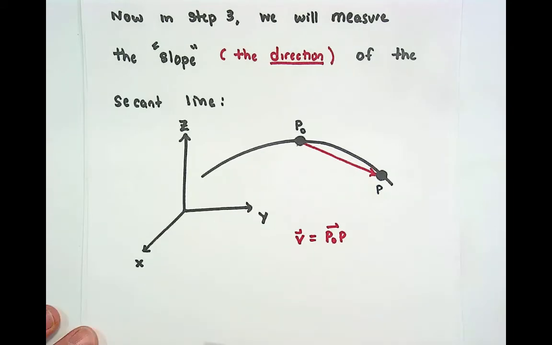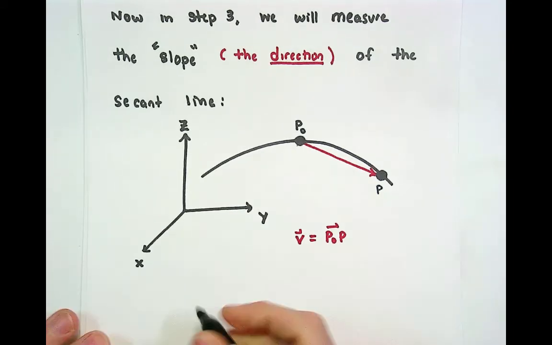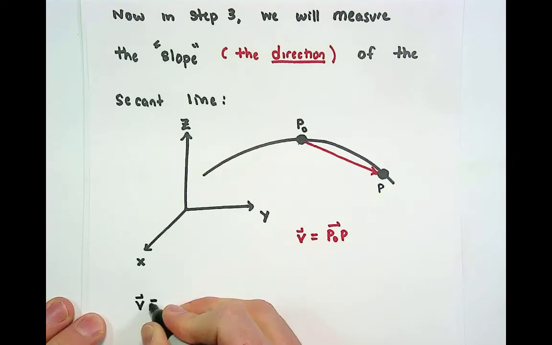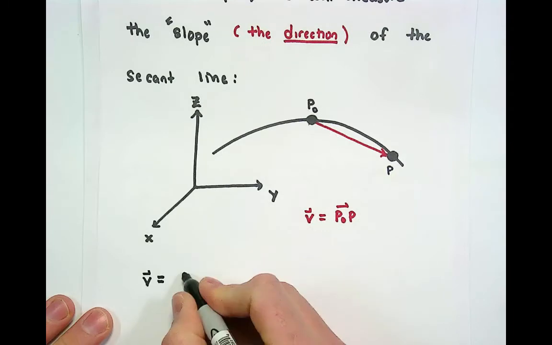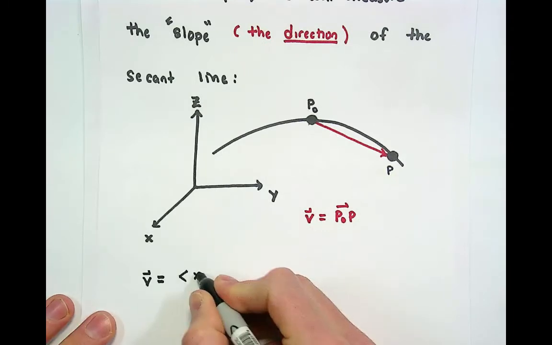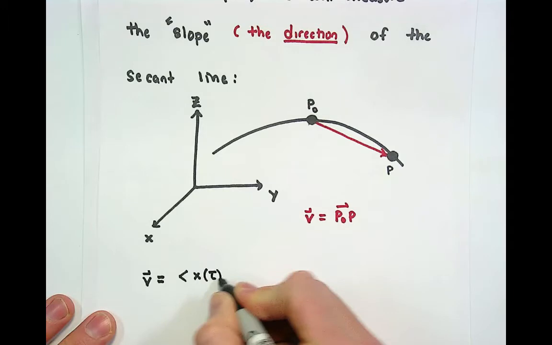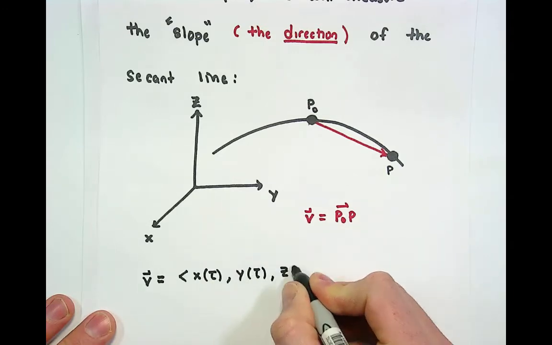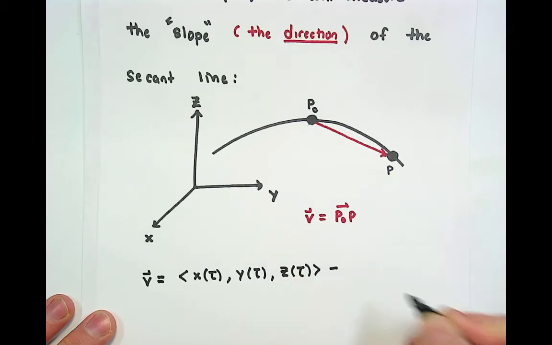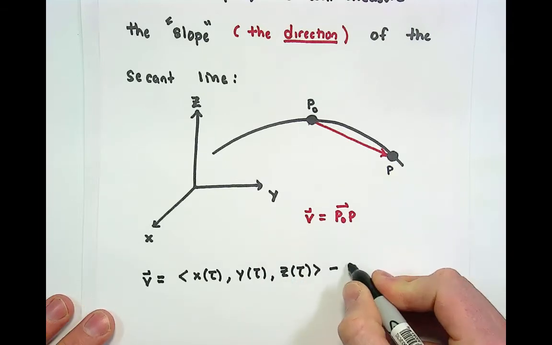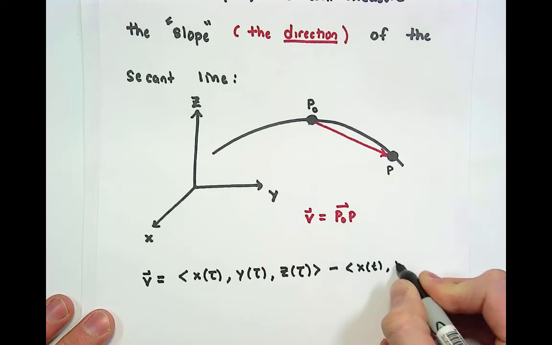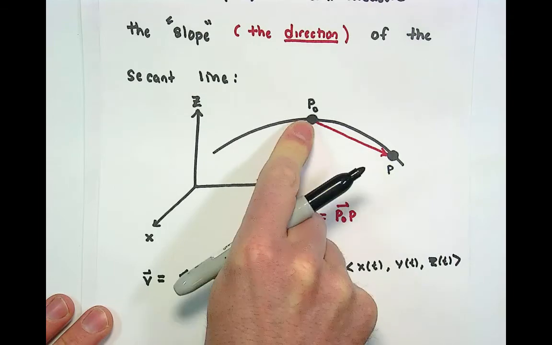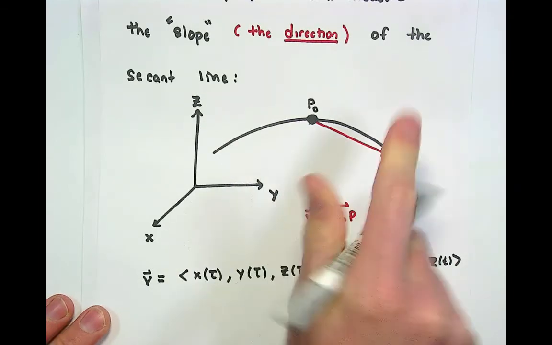One of the really interesting things about this is when we write v. Here, v would be given by the difference between x of tau, y of tau, z of tau, minus what you want to call this, x of t, y of t, z of t, because again, these are the individual coordinates of this one.